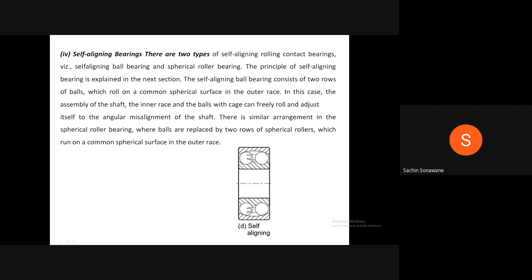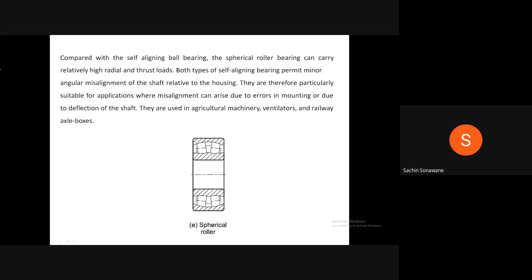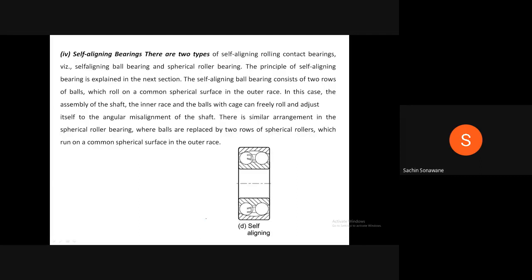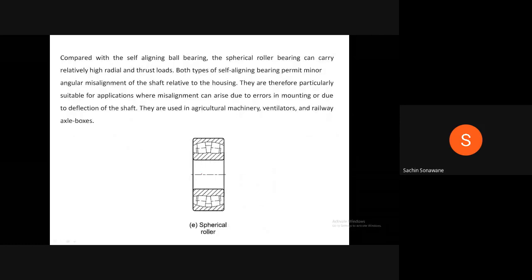There is a similar arrangement in the spherical roller bearing, where balls are replaced by two rows of spherical rollers which run on a common spherical surface in the outer race. Now this was the self-aligning ball bearing. Now this is the self-aligning roller bearing or spherical roller bearing.